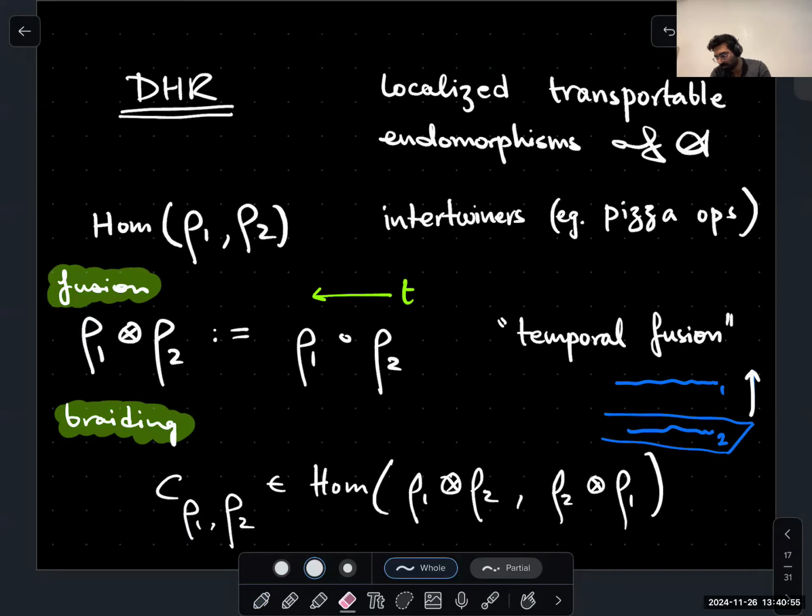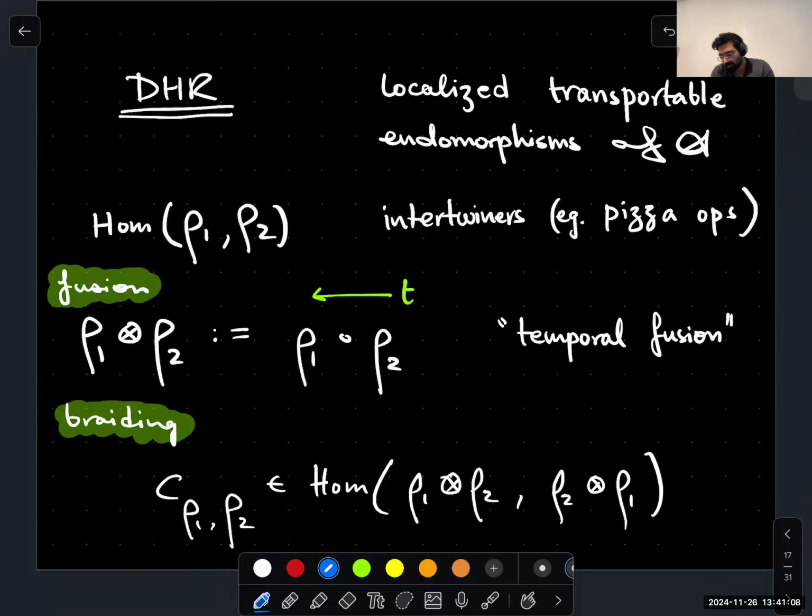Okay, good. And so this sort of fusion is exactly the same as spatial fusion, just turned around a little bit. And then there's also braiding, where you take two anions and then you flip them. So you just take one and then switch it.